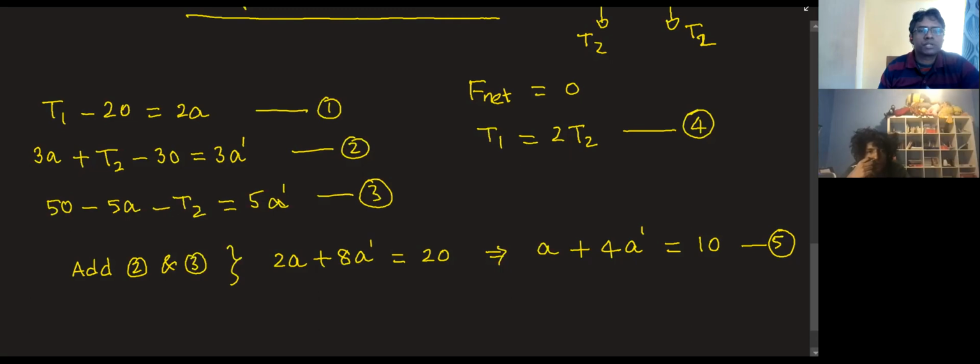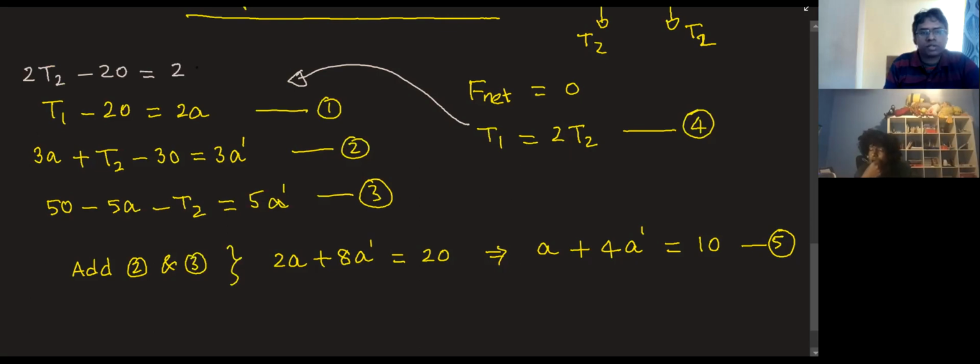This becomes 2T2 minus 20 equals 2a. Now I can take this equation and add it to twice the third equation. Do you understand?